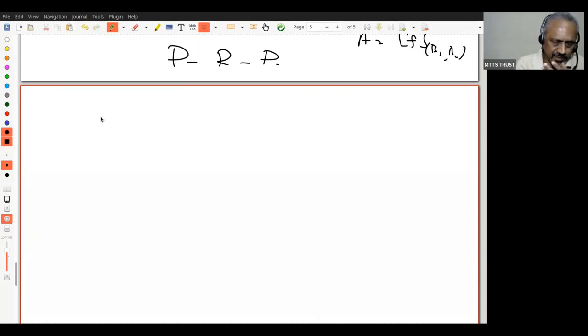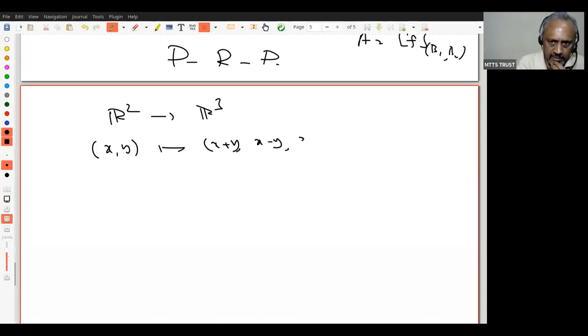You can do some numerical examples, something like R2 to R3. Let us say (x, y) goes to (x plus y, x minus y, and 2x plus 3y). And from this to R2, let us assume the coordinates are u, v, w.